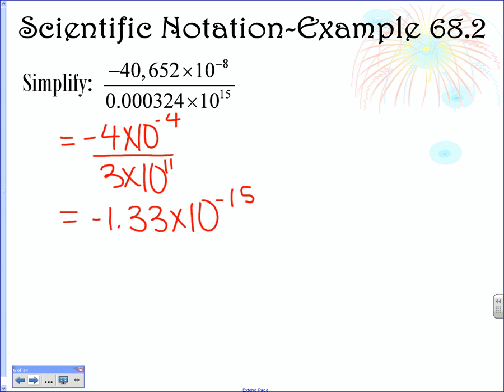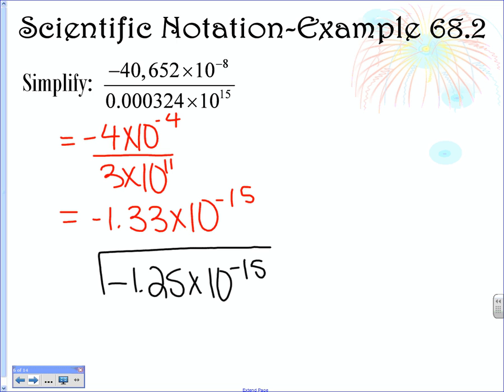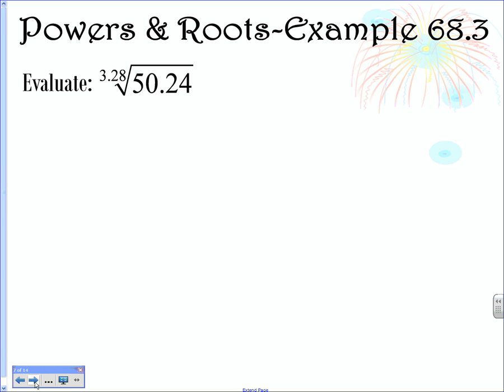Alright, what did y'all get for your answer? That little e means times 10. So I don't want to see an e on your test. If you give me an e, I'm going to be like, what is this? Times 10. Okay? Y'all see how that works? Alright, let's look at one of these.